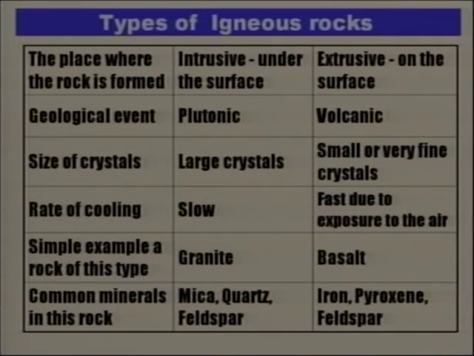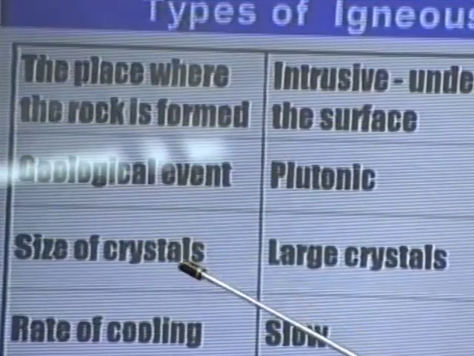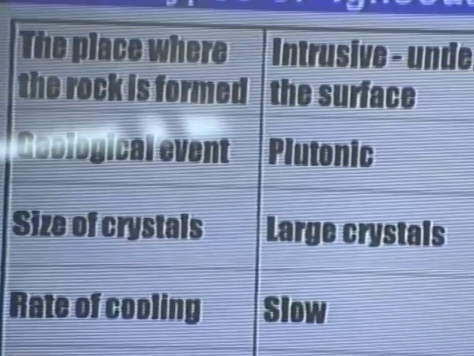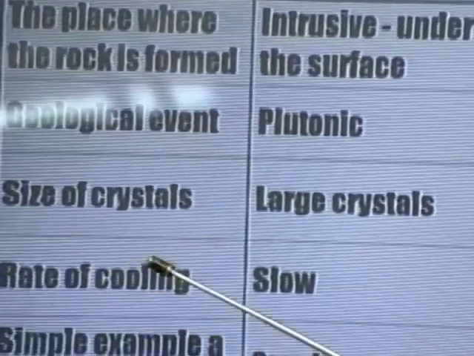If you look at this table, it gives you the place where the igneous rocks are formed, then the geological event, the size of the crystals, the information for both, then the rate of cooling.